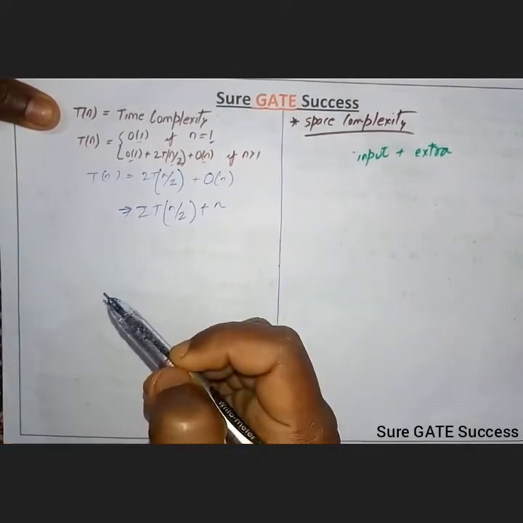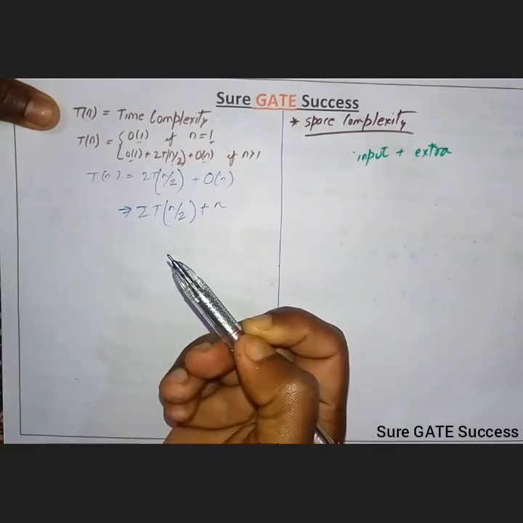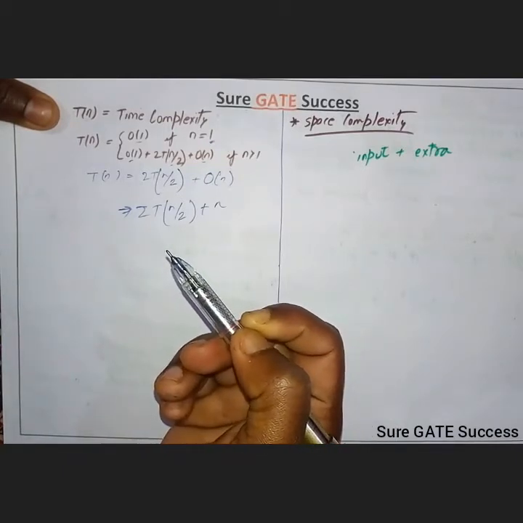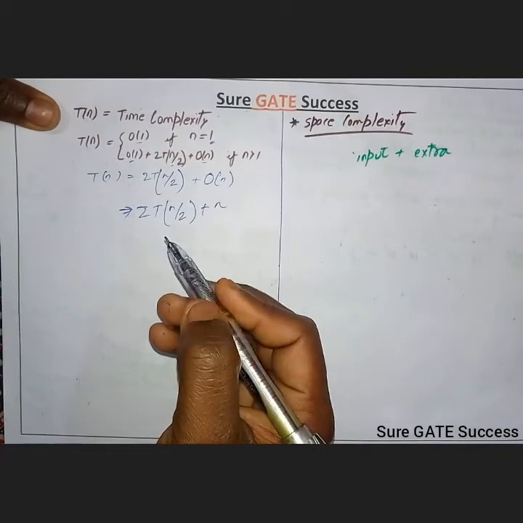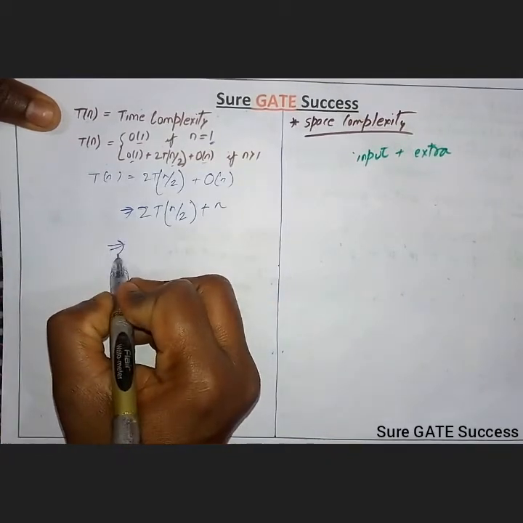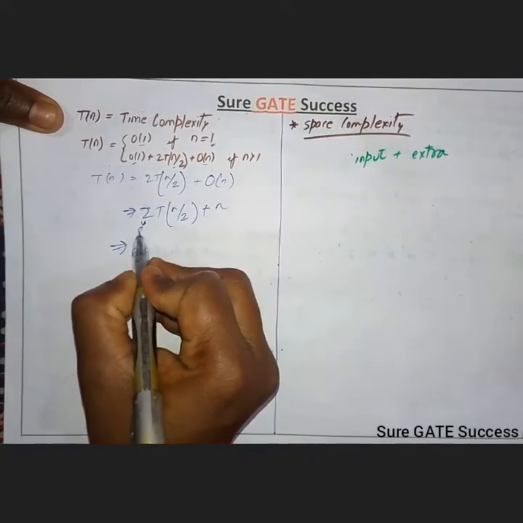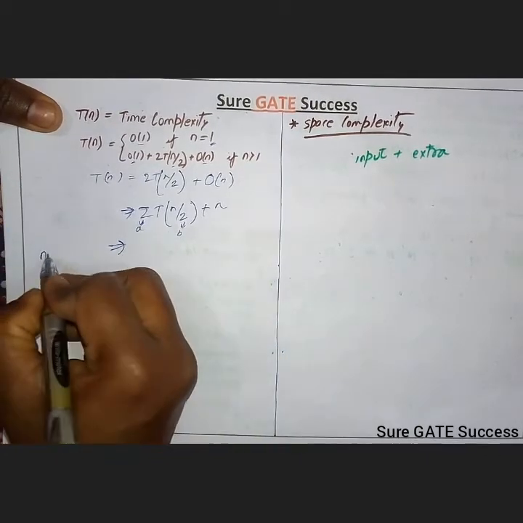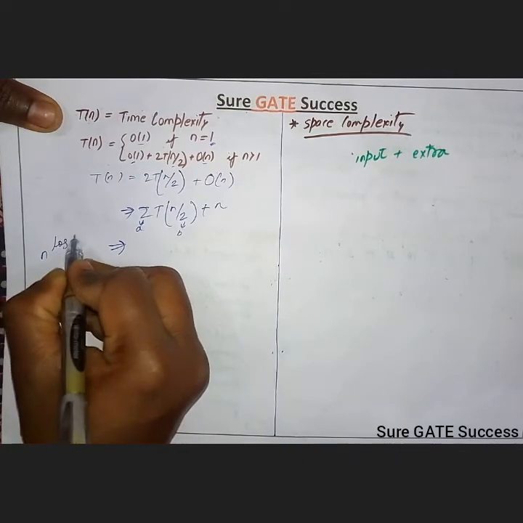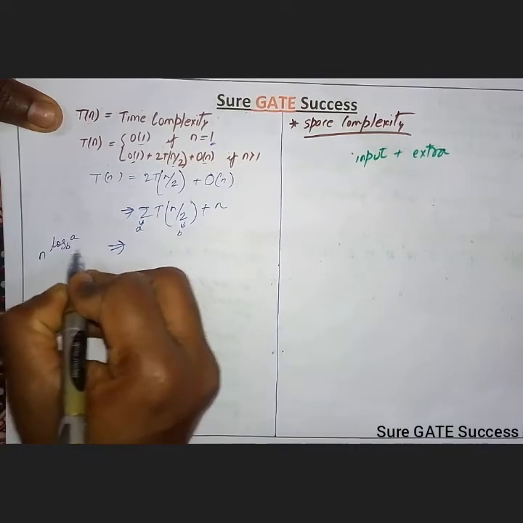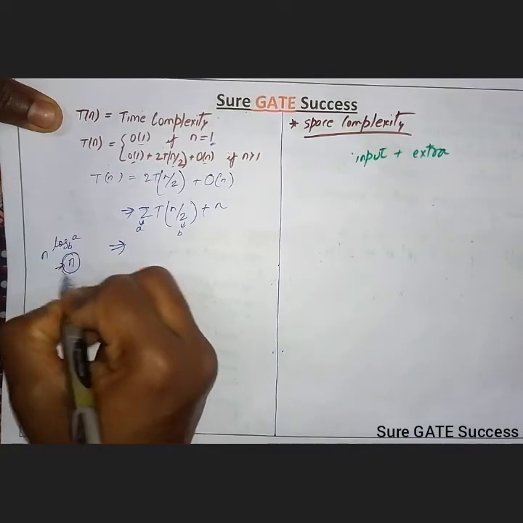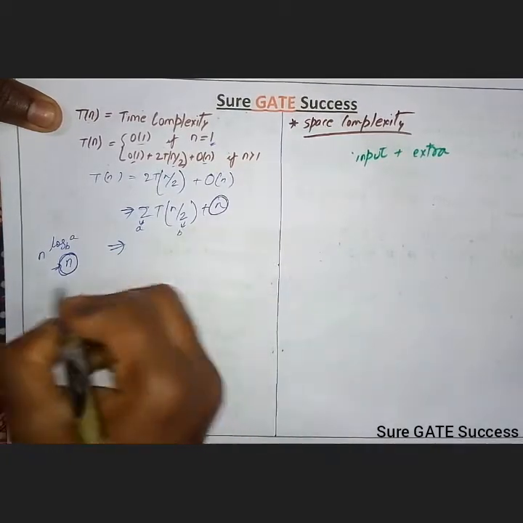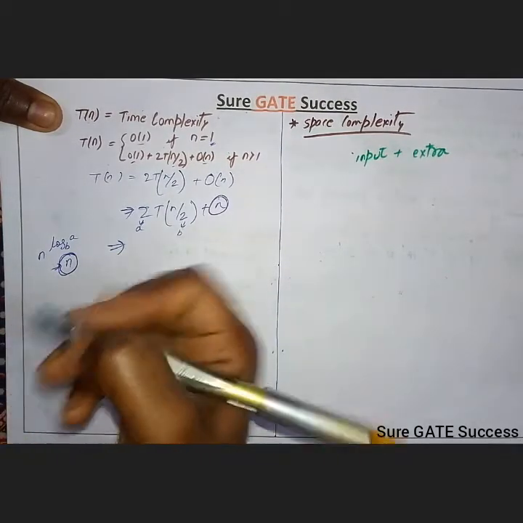If we solve it using the substitution method, or you can also use the master theorem here, what will be the answer? It will be a, it will be b, and if we find n to the power log a base b, it would be n. So n will be the same as the function, so we have to multiply it with log n.